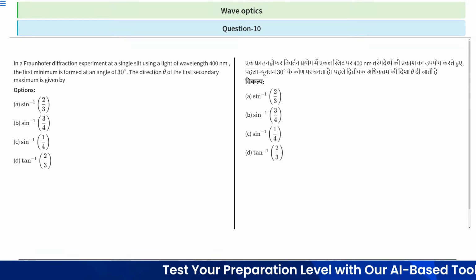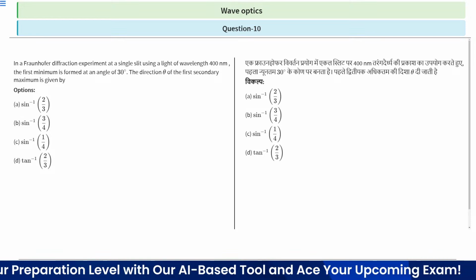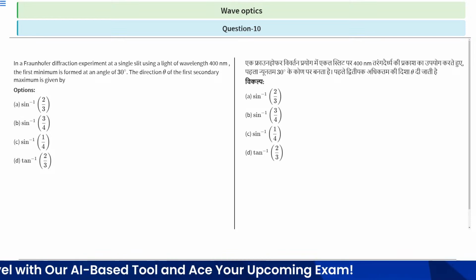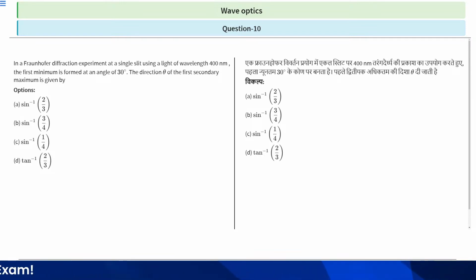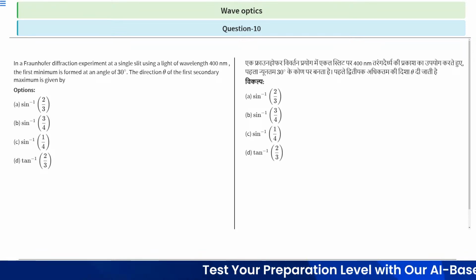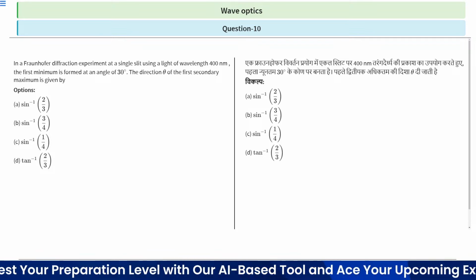Option A is sin inverse 2/3, option B is sin inverse 3/4, option C is sin inverse 1/4, and option D is sin inverse 2/3. So which option is correct? You have some time to solve this question. After that, we will provide the solution.